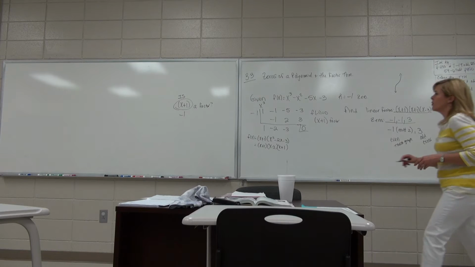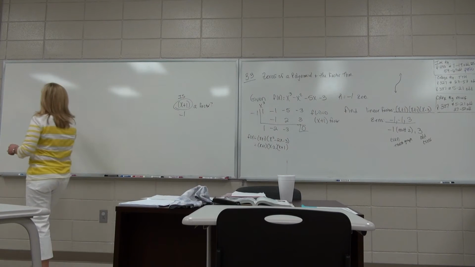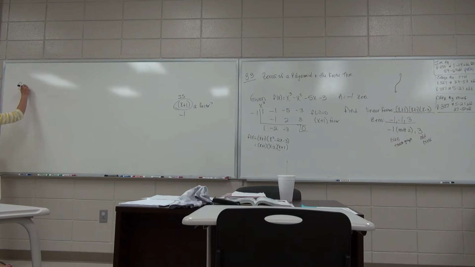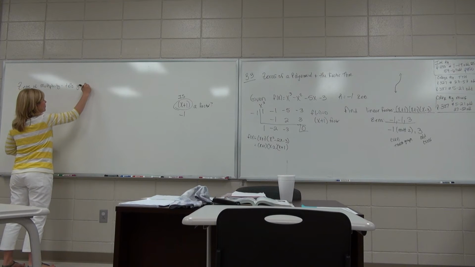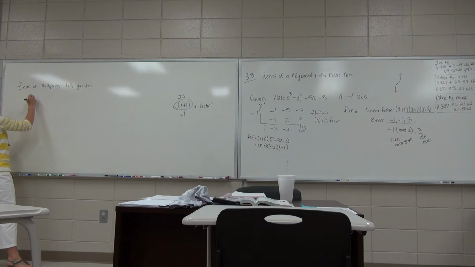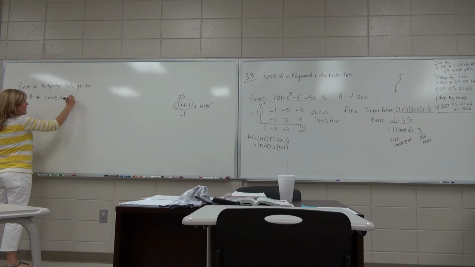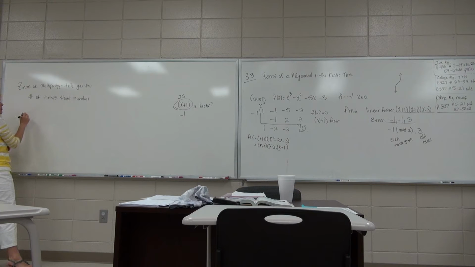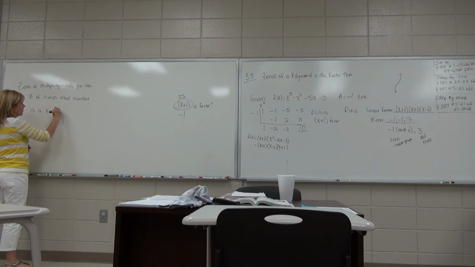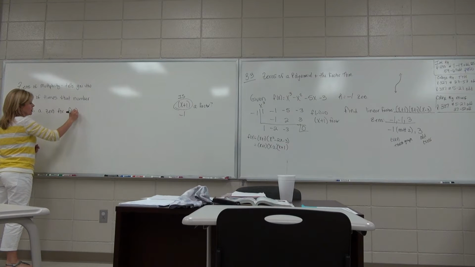This is when we're going to write this little definition here. So you're told here, zeros of multiplicity tells you the number of times that number is a 0 for f of x.